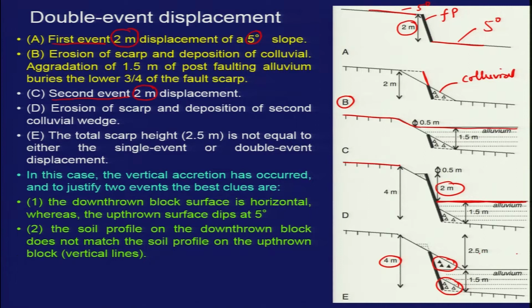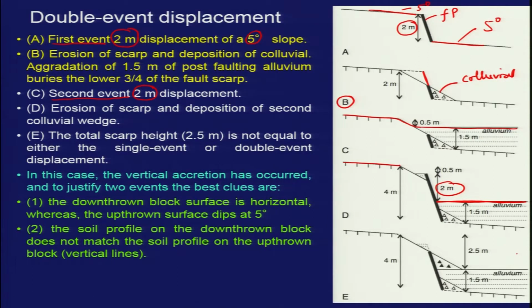And again, with the help of this, you can take 1.5 meters here, which was covered, and you can understand how much the total actual displacement was during this event. So, these are the techniques or exercises one has to carefully do when opening up the trench.